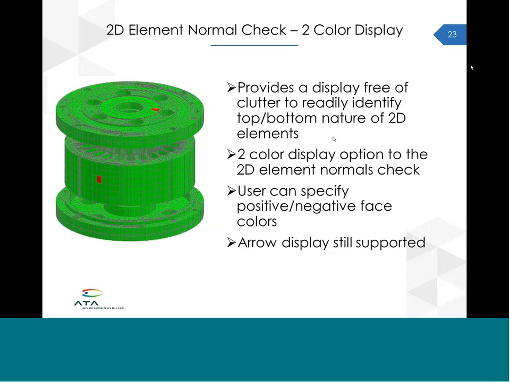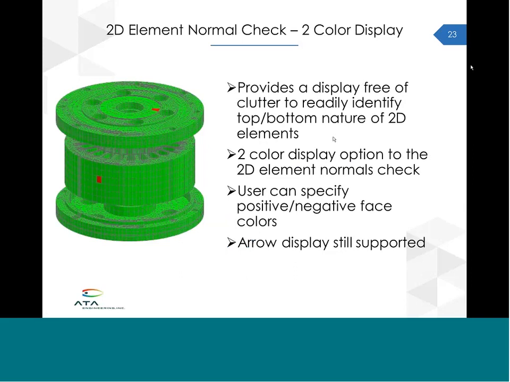Another enhancement has been to the way that element normal directions are visualized for 2D and 3D elements. Previously, you were limited to displaying vectors that corresponded to the element normal directions. Once you got to a model of any decent size, that could become quite cluttered because the arrows would overlap, and it's difficult to see exactly which direction they're pointing.